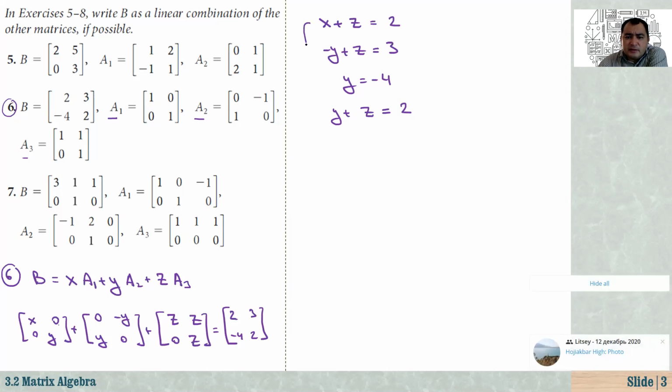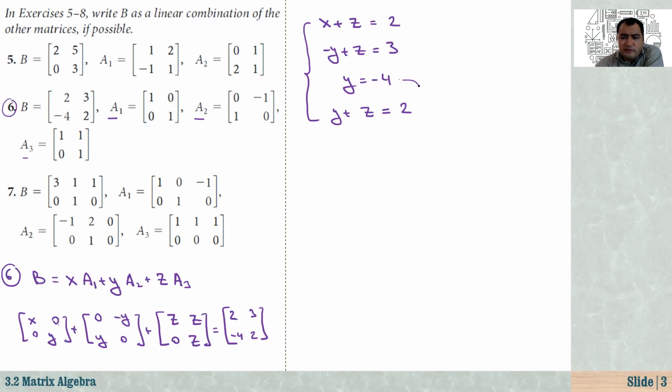Immediately we can answer the question. We could form the system of linear equations, or, since y equals -4, substitute into this equation: z equals 2 plus 4, that is 6.